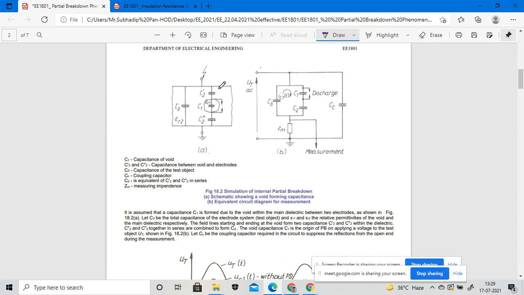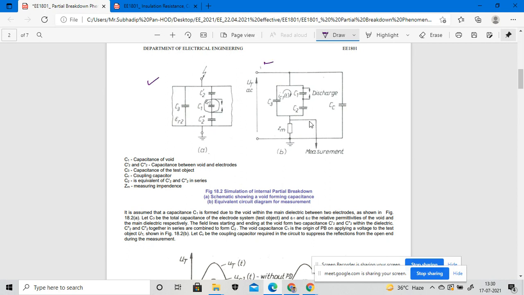So this particular circuit will be very important for partial discharge. This is the schematic circuit representation having a void forming capacitance, and as well we are considering the equivalent circuit diagram for the measurement of any such kind of voids or cavities, right? So these are the two figures.